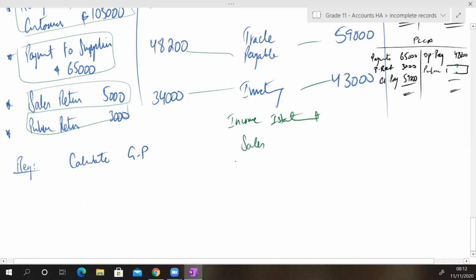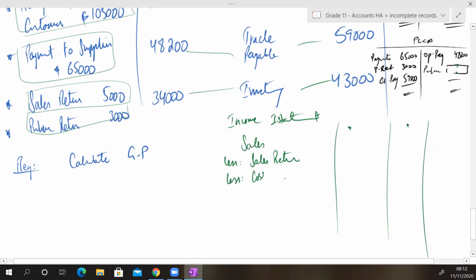Sales less sales return less cost of sales, जिसमें opening inventory आ गई.